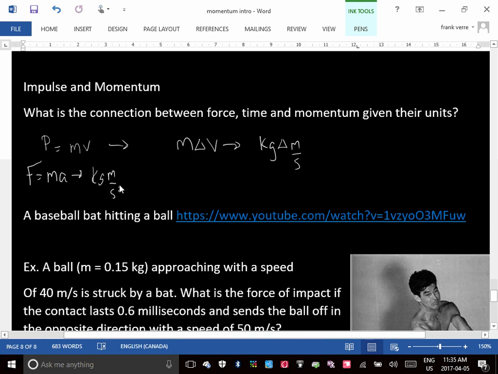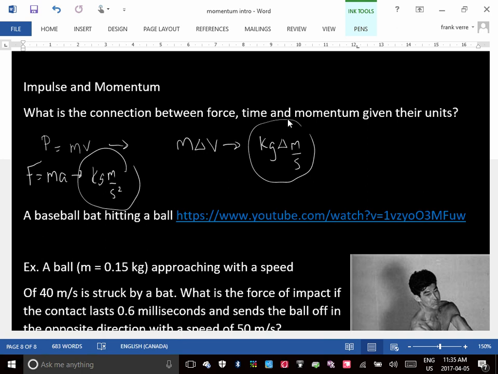That's the unit of 1 Newton, right? Now, I want you to look at this unit, and this unit. They look almost the same, right? You have kilogram, meter. In one case it's per second, and in the other case it's per second squared.